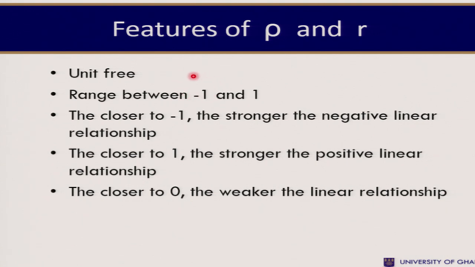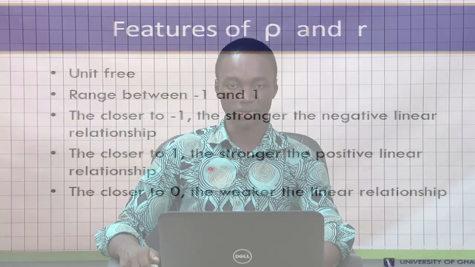It ranges between -1 and 1. The closer it is to -1, the stronger the negative linear relationship, and the closer it is to +1, the stronger the positive linear relationship. Also, the closer it is to 0, whether positive or negative, the weaker the linear relationship.